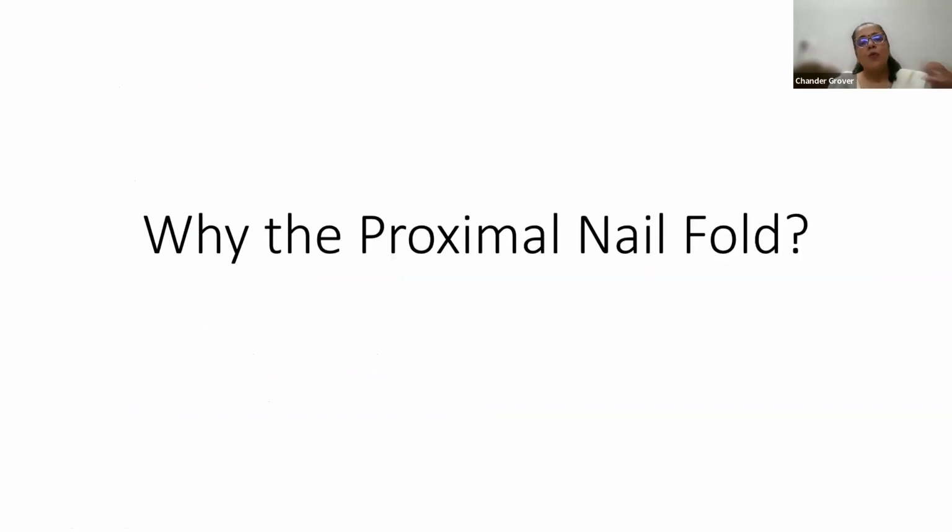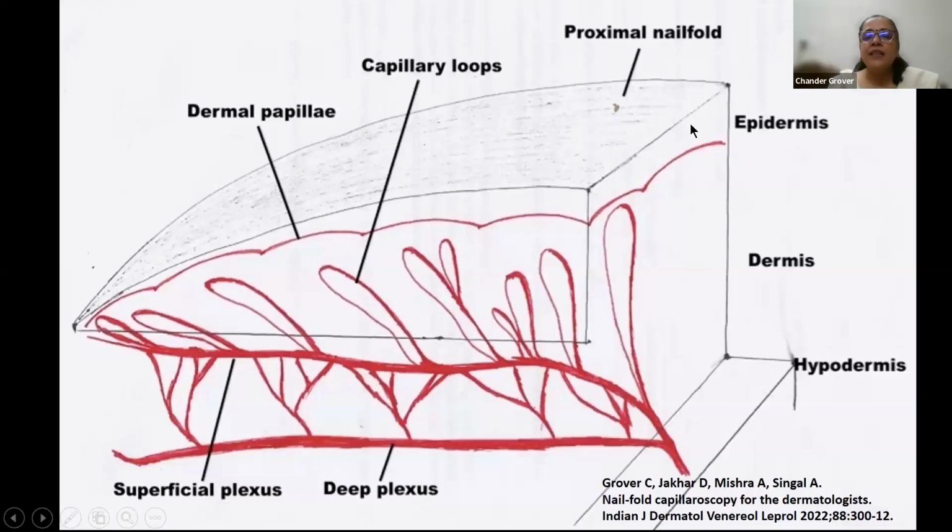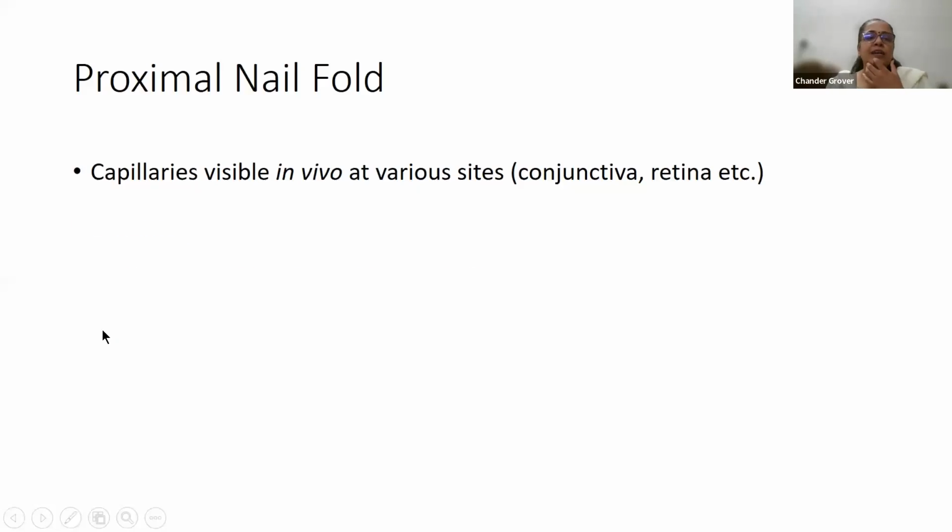Why the proximal nail fold? Because the papillary vessels are visible. See, your dermatoscope is going to see till here only. It's not going to see beyond the papillary dermis. And here the vessels are arranged in a perpendicular fashion. So when the proximal nail fold turns, the capillaries lie down, and that is how you see them along their length.